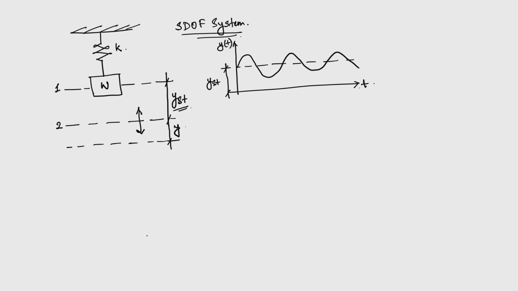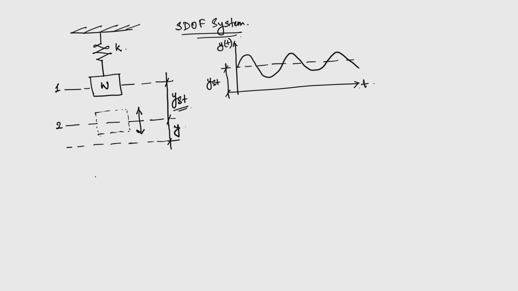The question is, in this case, how can we develop the equation of motion? So, let us consider the body here at the static equilibrium position, and from there it moves in the vertical direction. So, the degree of freedom is y in this case.